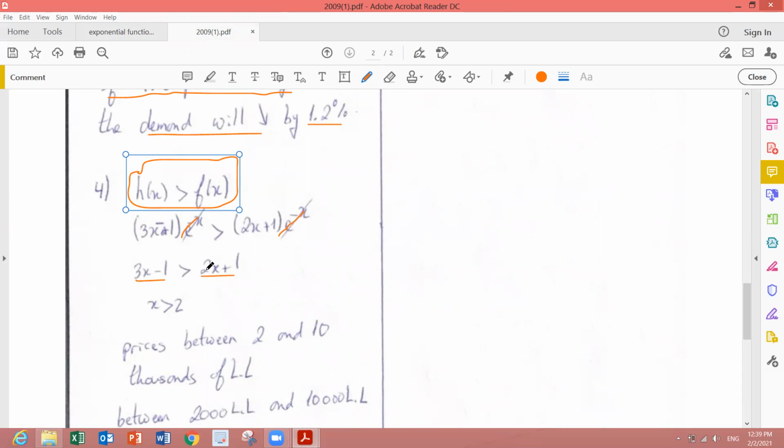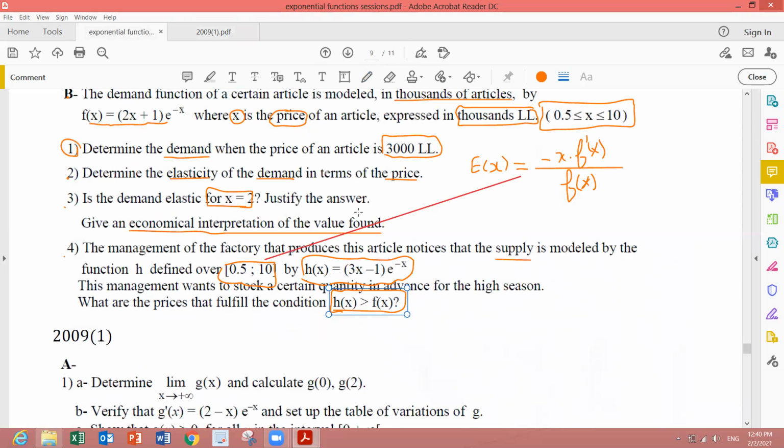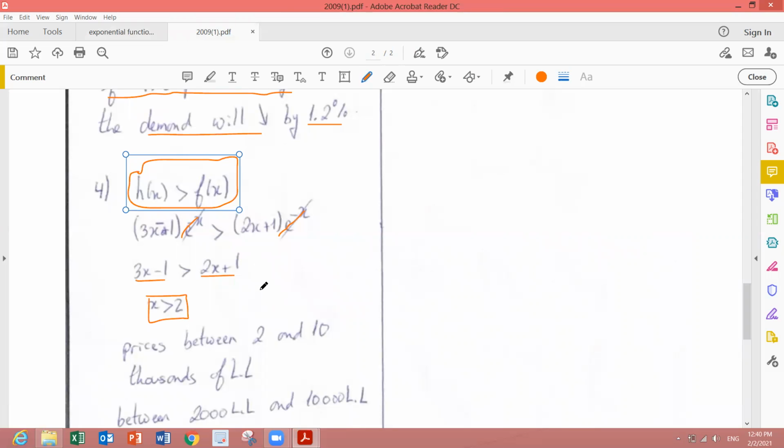x is to one side. 3x minus 2x is x. Minus 1 we bring here, it becomes 1. We get 2. So x greater than 2. But pay attention to the domain. x belongs to the domain of definition, 0.5 to 10.